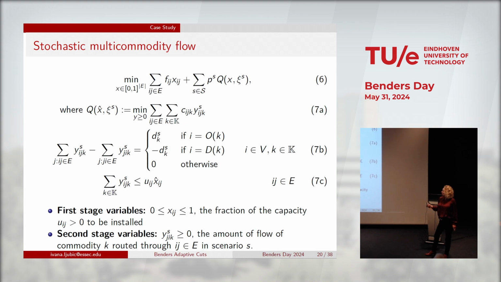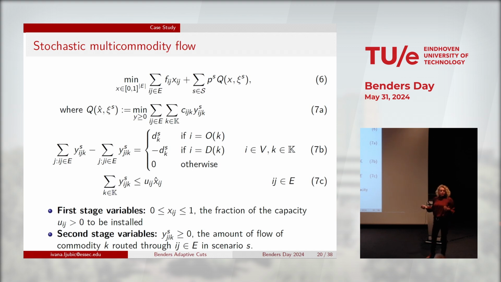So for each scenario s, and then again the problem decomposes by the scenario, we have the realization of the uncertain demand for commodity k in scenario s, and we have the capacities that have been installed in the first stage. So x bar is our first stage decision. And we are solving here the min cost flow problem, right, with given capacities.